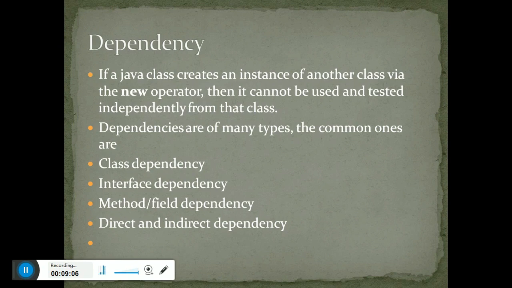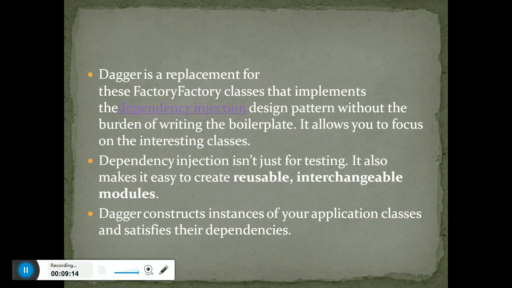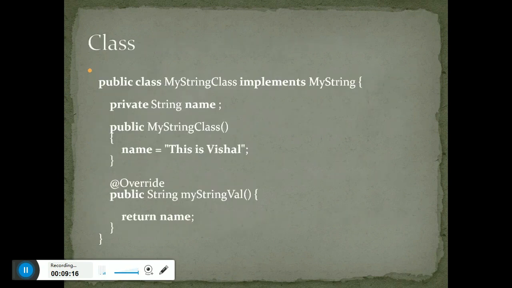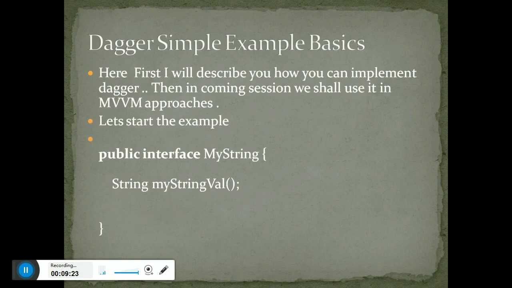So how can we implement it with Dagger? Easy. So that's the conclusion we have to discuss, and this is the definition. Now we go to the classes and interfaces. I will describe how to create them in Android Studio. So let's start the practical of this.